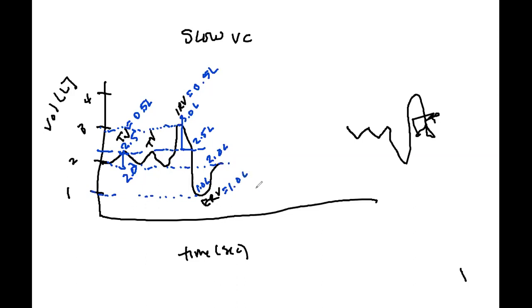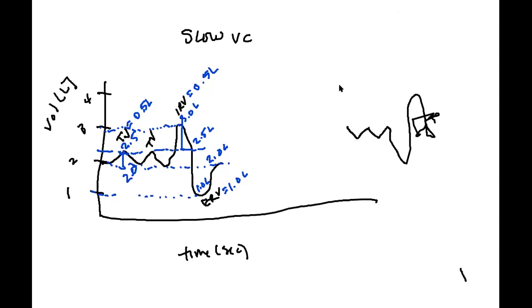What else can we calculate from this? We can add these guys up, and that would be your vital capacity. So inspiratory reserve plus tidal volume plus expiratory reserve is your vital capacity. Let me see if I can get another color.